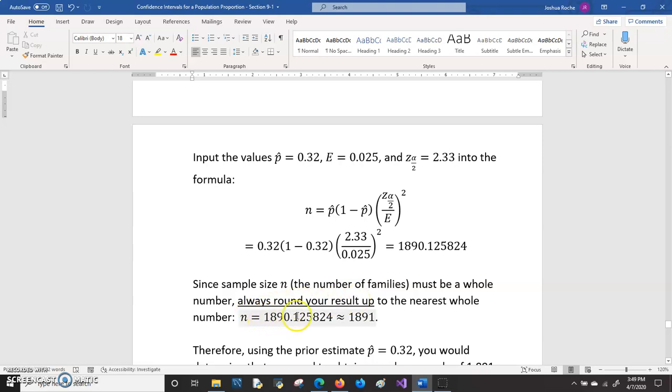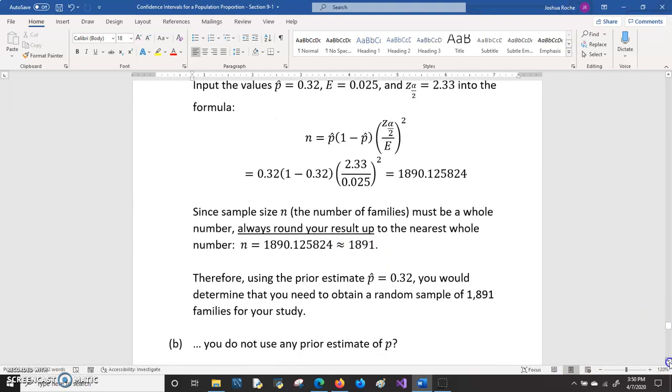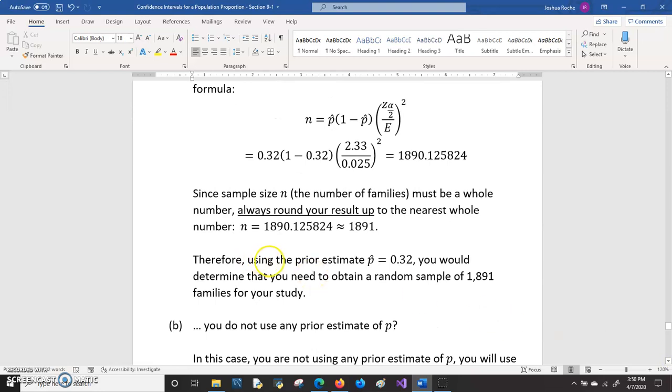So, this is the result that we got, and just to be safe, I'm going to round that up to about 1,891. Therefore, if we're using a prior estimate for our calculation, you would determine that you need to obtain a random sample of 1,891 families for your study.